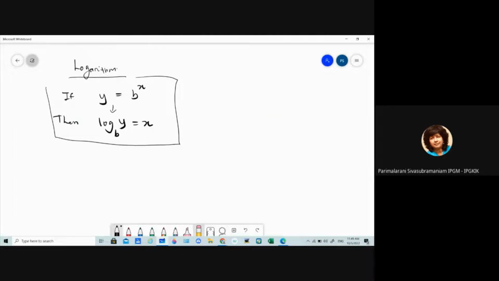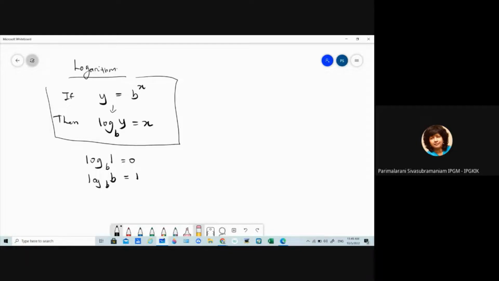Some rules for logarithm. Log of 1 base b is equal to 0. It doesn't matter what b is. b can be any number, but log of 1 is always 0. Log b base b is equal to 1.